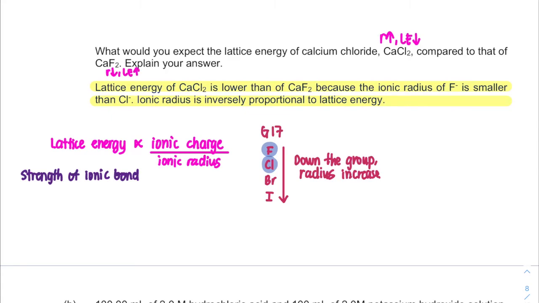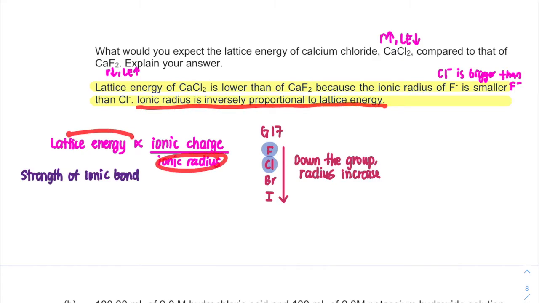So here we mention that the lattice energy of CaCl2 is lower than CaF2 because the ionic radius of F minus is smaller than Cl minus. Or you can also write that the ionic radius of Cl minus is bigger than F minus. Then remember, ionic radius is inversely proportional to lattice energy.